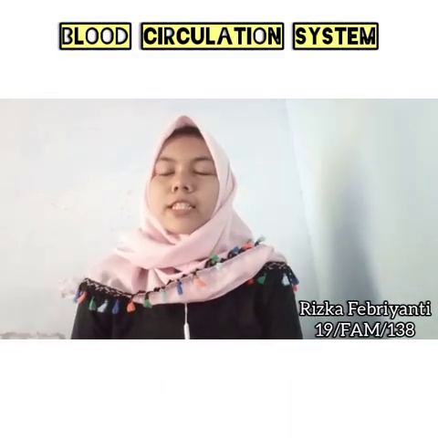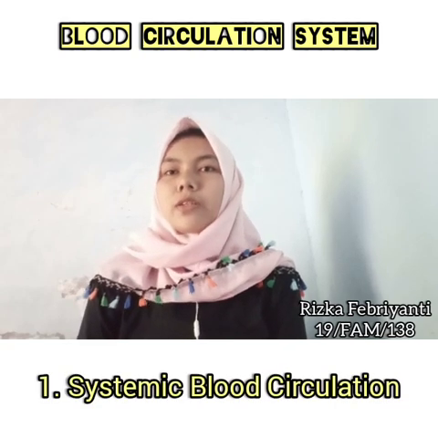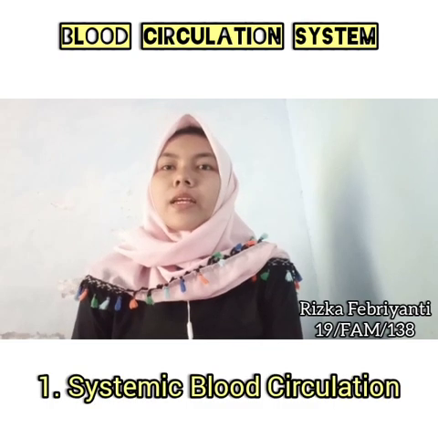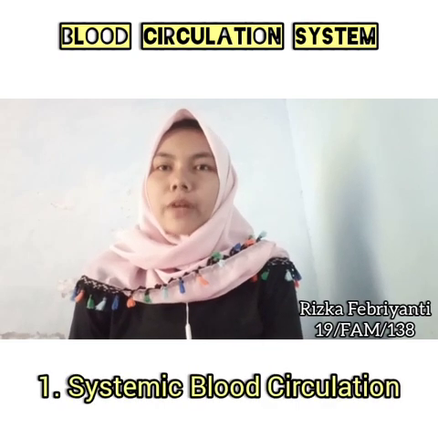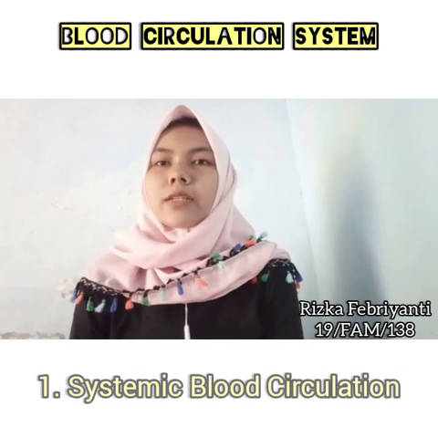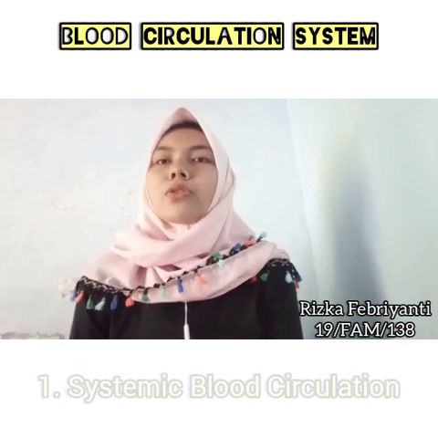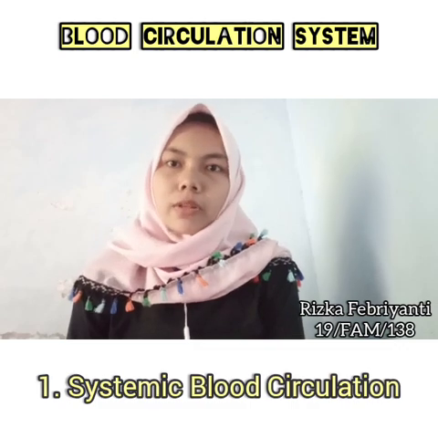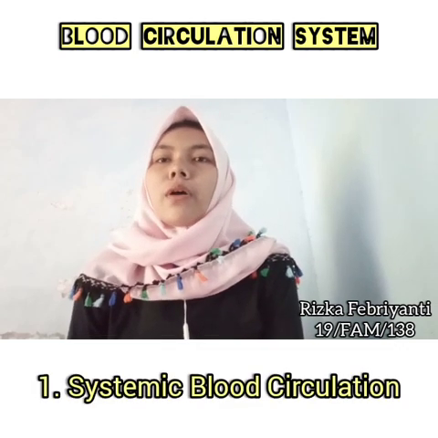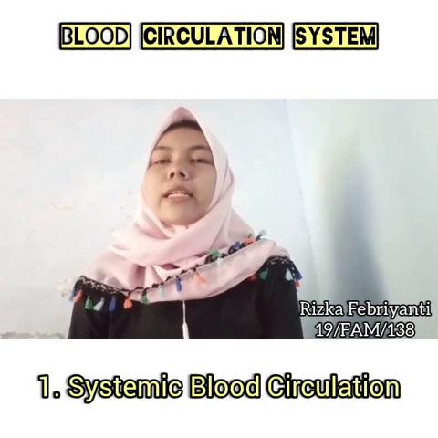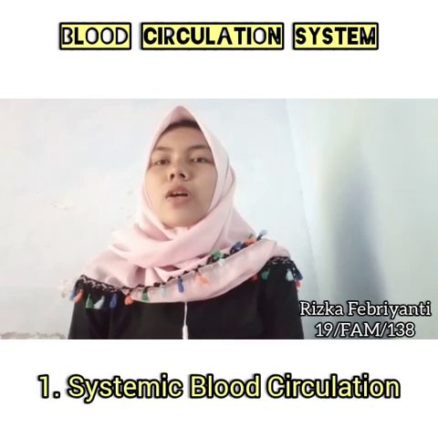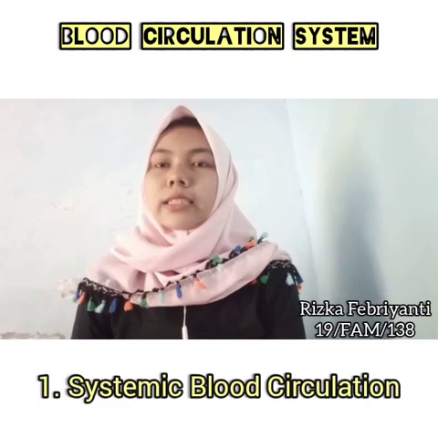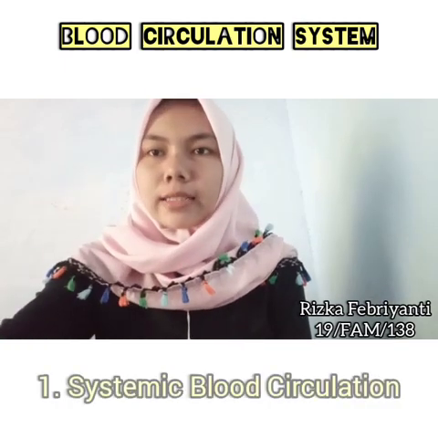Blood circulation system. Systemic blood circulation. The mechanisms: contraction of the ventricle, closed bicuspid valve, open the aortic semilunar valve, to reach blood from the left ventricle into the aorta. Blood is carried by arteries along the body except the lungs.